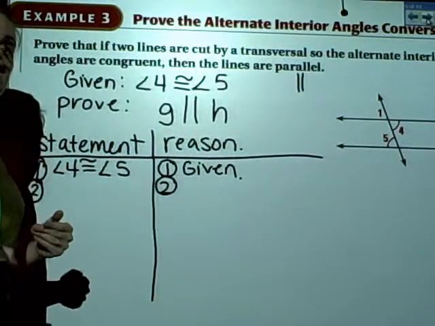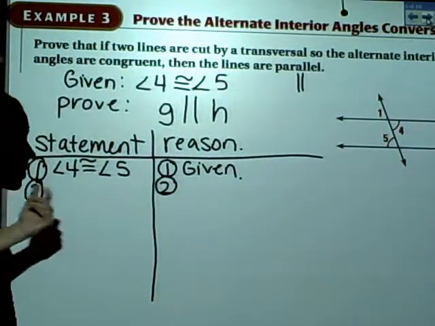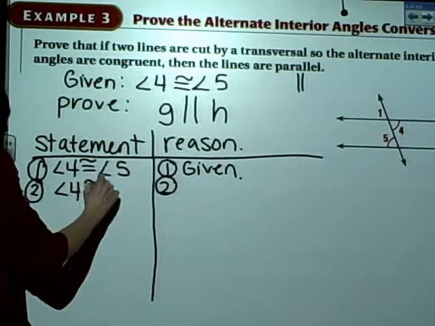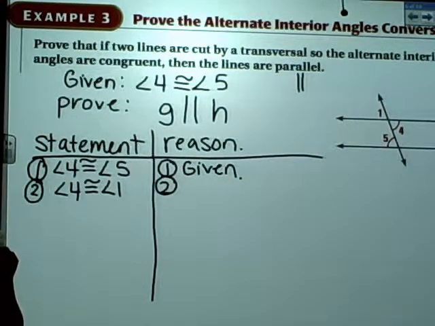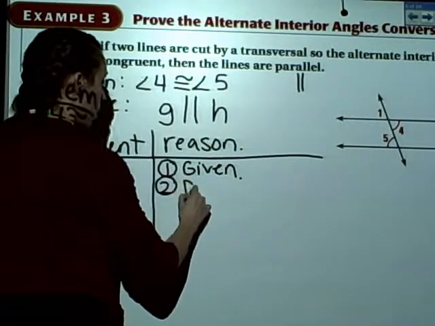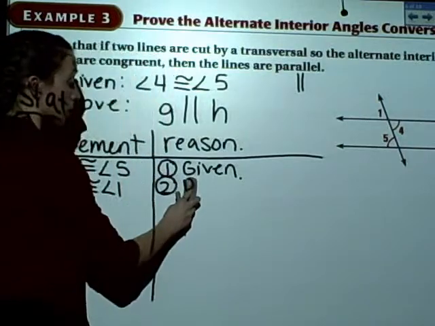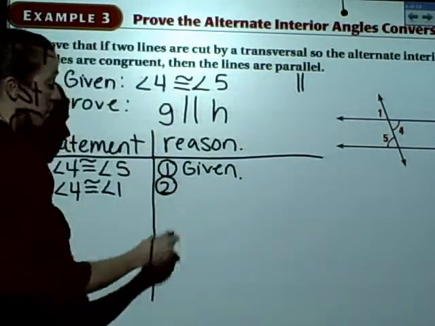And what do I know about vertical angles? They're congruent. All right, let's go there. Angle 4 is congruent to angle 1, and that's by the vertical angle congruence theorem.